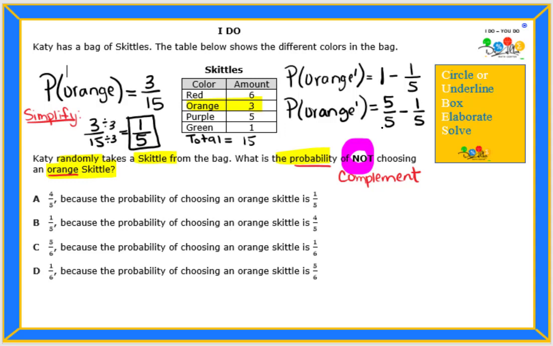So since the common denominator is 5, our denominator is going to stay as 5. And 5 minus 1 is 4. So we have 4/5 is the complement, or the ones that are not orange.